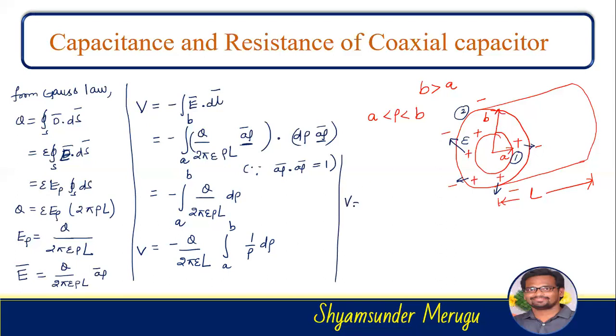Now, the integral of 1 by x dx gives the natural logarithm, so we write ln rho, with limits A to B. So V equals minus Q by 2 pi epsilon L, ln B minus ln A.